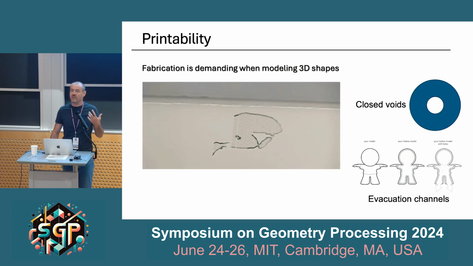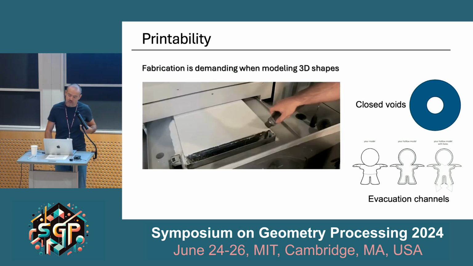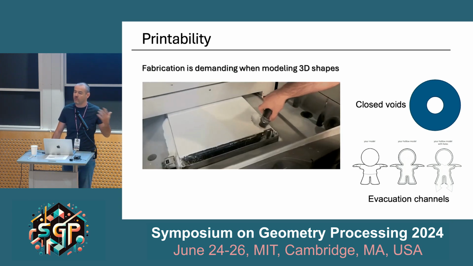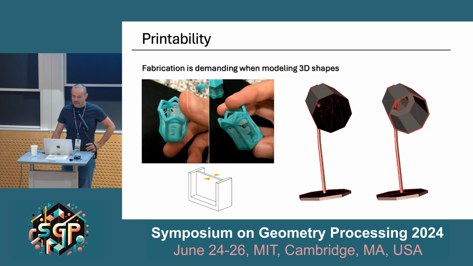So modeling in these cases must predict these configurations, and you may want to create proper evacuation channels to remove that excess powder. Another example of something that you must consider before modeling for fabrication is the thickness. Any machine that creates real 3D objects has some limitations.